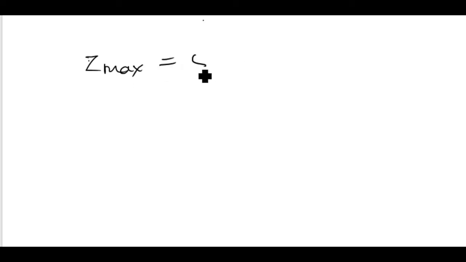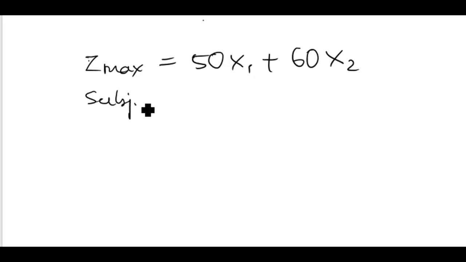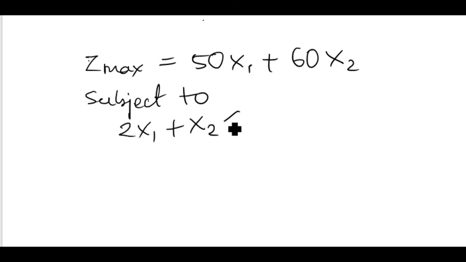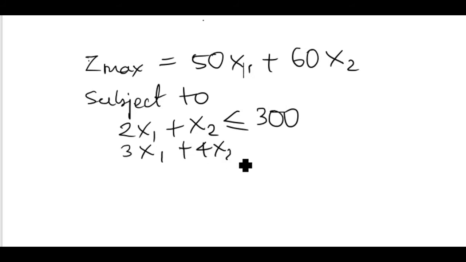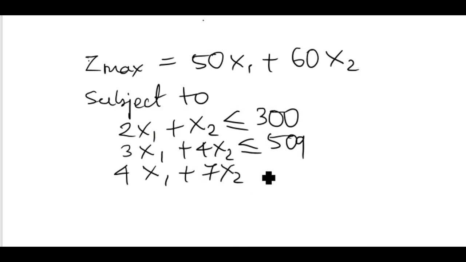So Z max equal to 50 x1 plus 60 x2, subject to 2x1 plus x2 less than or equal to 300, 3x1 plus 4x2 less than or equal to 509, and 4x1 plus 7x2 less than or equal to 812.